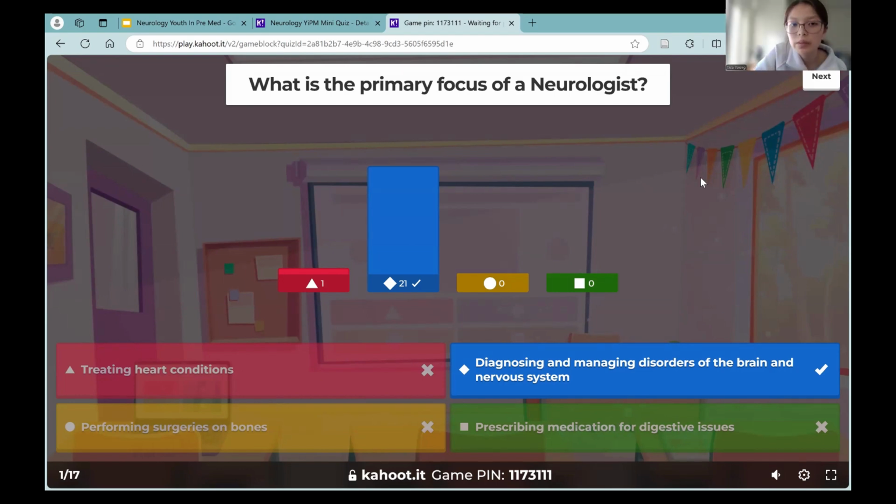Okay, so the primary focus of a neurologist is to diagnose and manage disorders of the brain and the nervous system. The heart, bones, and digestive issues are things that other specialists would look at, not a neurologist.